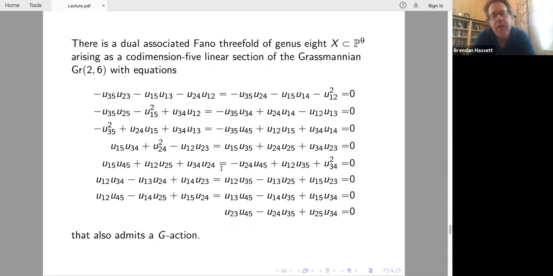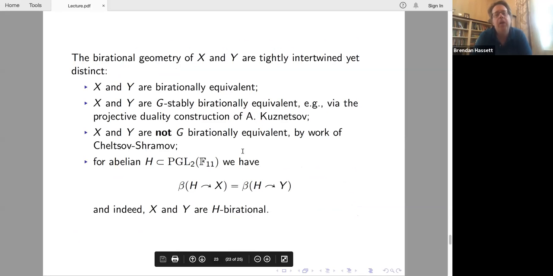These are specializations of Plücker relations from the Grassmannian, but on restriction to a codimension 5 linear section. And that gives us another Fano threefold of genus 8. This also admits a G action, where G is PGL2(F11). So how are these related, and how can we understand them using our symbols?